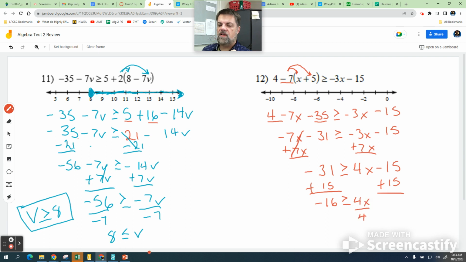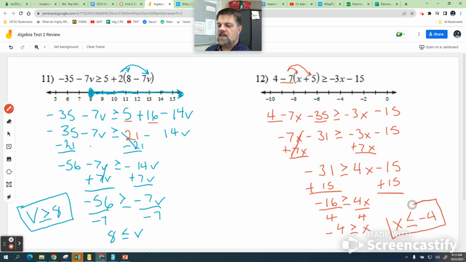Divide both sides by 4. And I get negative 4 is greater than or equal to x. If I flip that around, I say x is less than or equal to negative 4. The alligator appears to be eating the negative 4.